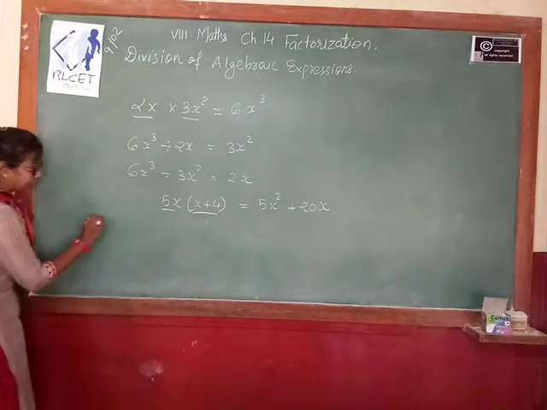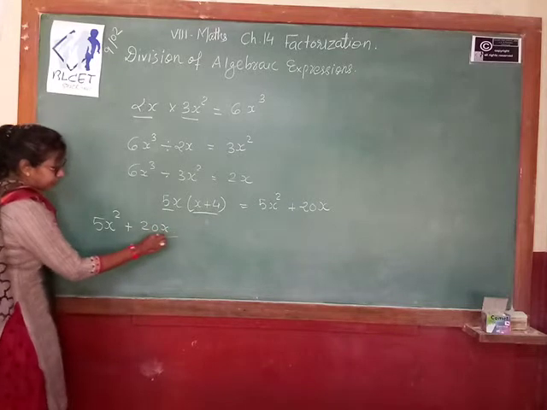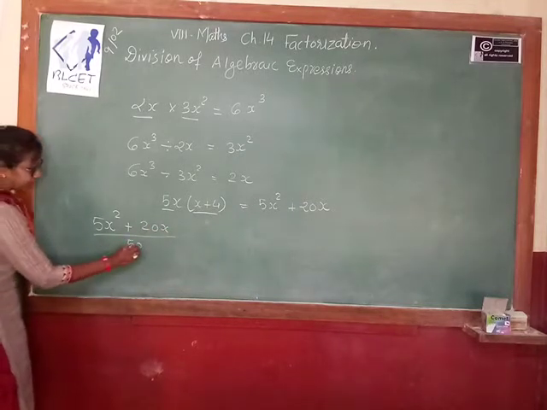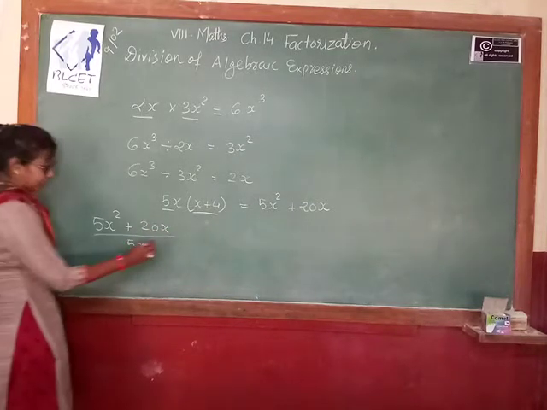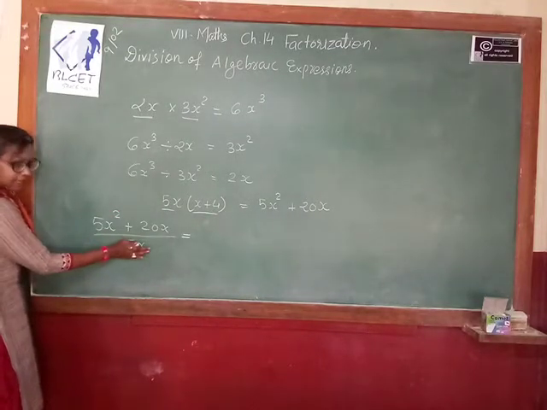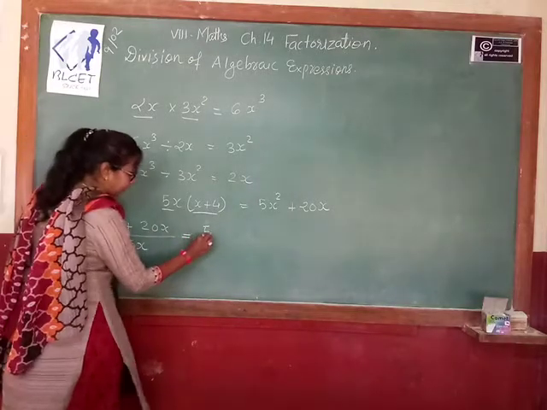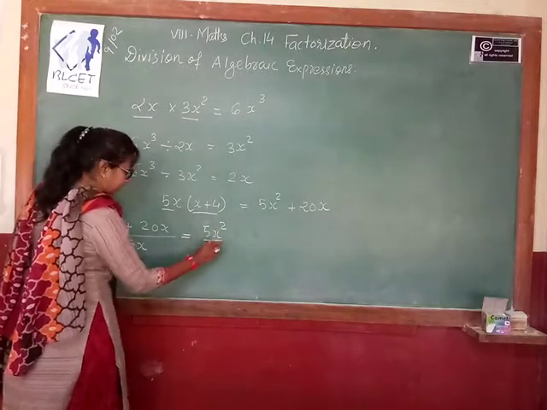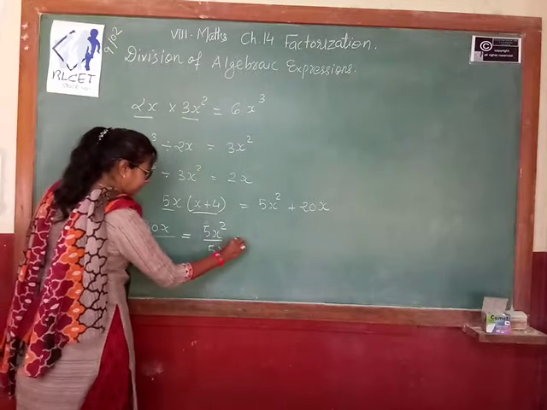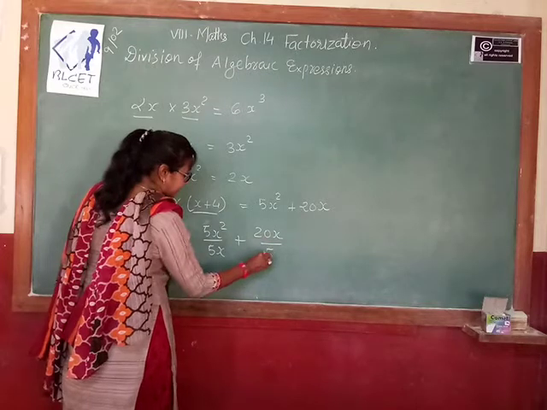For example, we see 5x square plus 20x divided by 5x. Then what is the answer? Let's see. The whole term is divisible by 5x. This term is also divisible by 5x. So let's see what we can say: 5x square divided by 5x plus 20x divided by 5x.